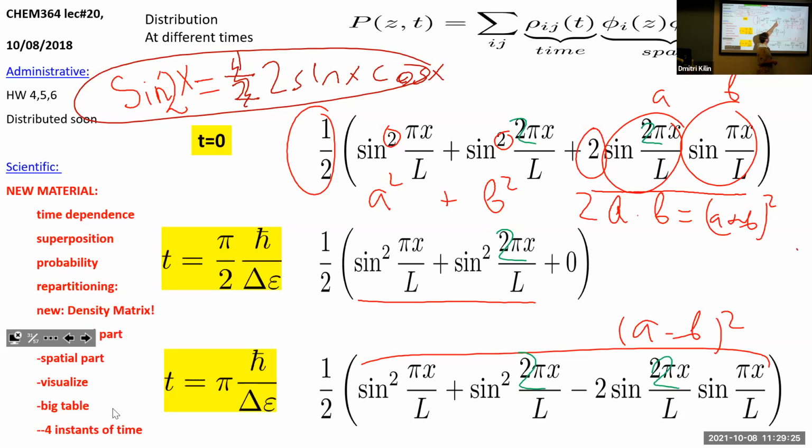The excited state, which is squared, but there are 2 pi, and there is a transition state, which is a product of these sines, right? So it comes with factor 1 because of Adam, because the time-dependent factor gives 1.